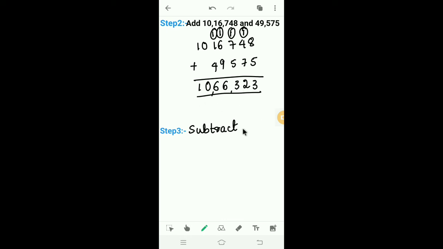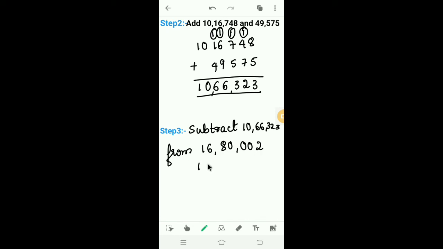In the third step, we have to subtract this answer, that is 10,66,323, from 16,80,002.